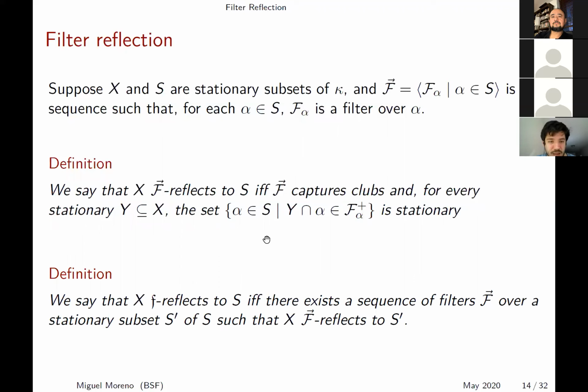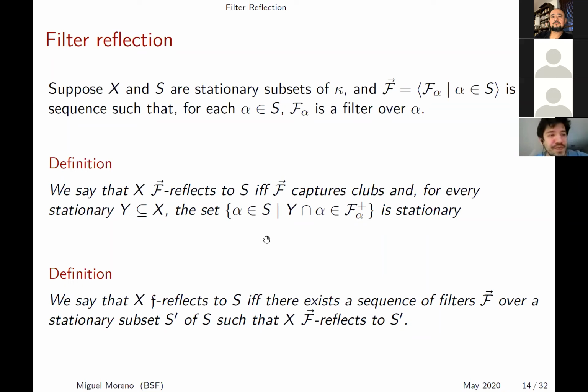And finally, sorry, I have a question. What is F alpha plus? F alpha plus are the sets that intersect all the elements of F alpha. That intersection is non-empty. If you think of this as a measure, it'd be like the positive. So being positive measure would be me being in the filter.